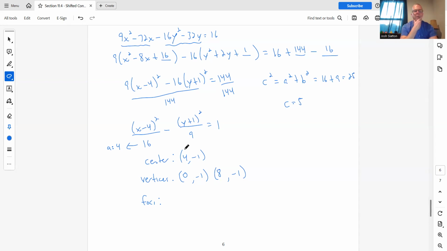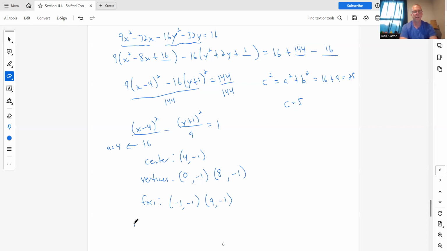And so we need to add and subtract 5 from the x part, because again, we open up horizontally, so the x is the only thing that's changing. We have our center, then the vertices, and then the focus points. We're not moving vertically here, just horizontally. So 4 minus 5 is negative 1, and 4 plus 5 is 9. So there are our focus points.